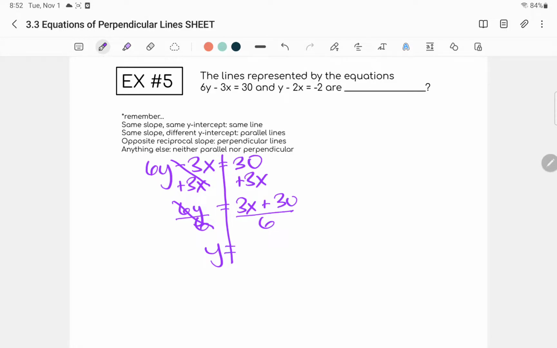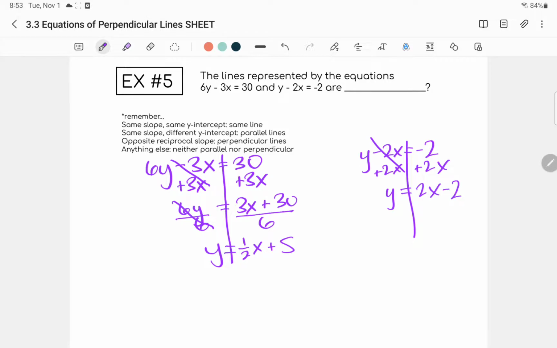So 3 divided by 6 reduces to 1/2. So that's 1/2 x. And 30 divided by 6 is +5. All right, and then let's go ahead and rework this one. Y minus 2x equals -2. So let's add 2x and cancel those out. So y is equal to 2x minus 2.